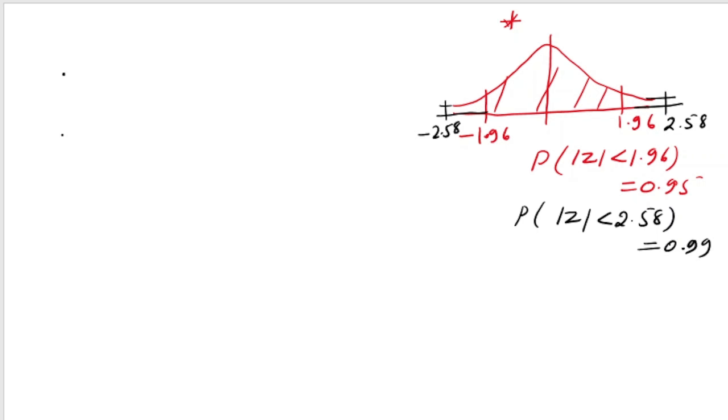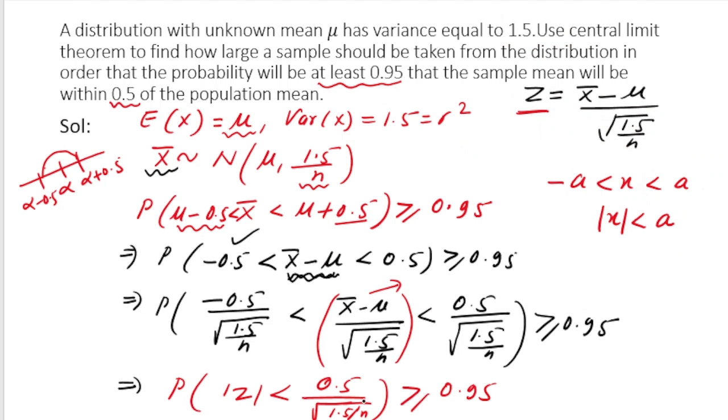So here if we look at this statement, the probability that I want to calculate should be greater than or equal to 0.95. So for what value of this expression will the probability be equal to 0.95? If I take this expression equal to 1.96, then the probability will be 0.95, and I want the probability to be greater than or equal to 0.95.